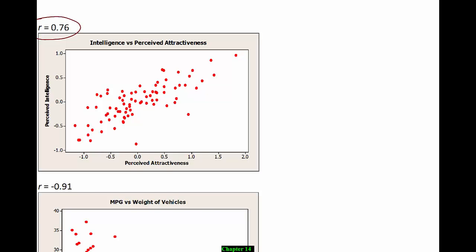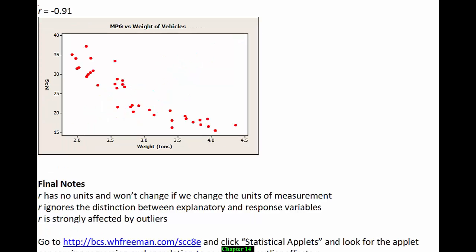In the next plot, the correlation is -0.91. Notice that the minus sign is saying there's a downhill trend. The 0.91 tells us the points are pretty close to a linear form. Now I'm sure a lot of you see the curve in the plot. It might be better, if we were trying to fit a model to make predictions, to fit a curve.